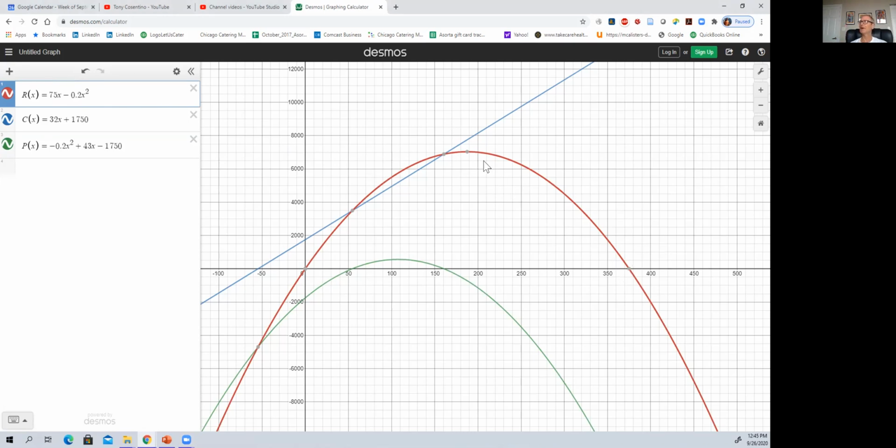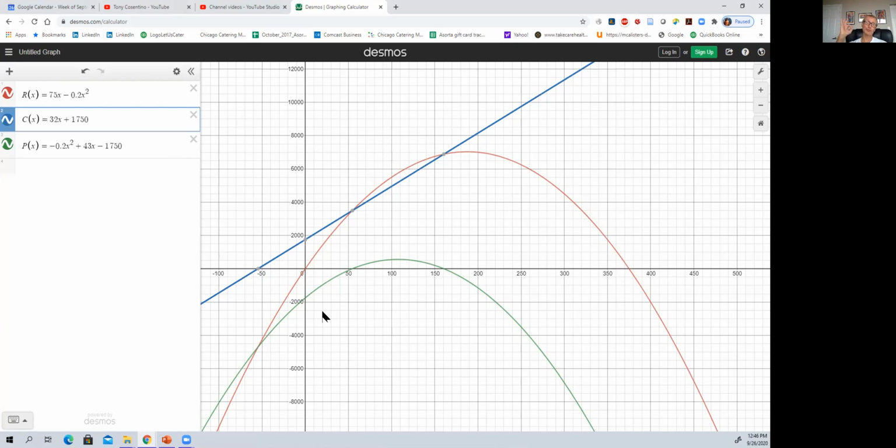It's interesting that this point doesn't correspond exactly to the maximum profit, because again, it's dependent on the cost as well. And you can see here's the cost function, which is the blue line, and you would expect that to be a nice linear equation, and yes, it is. You can see that our y-intercept is 1,750, and that's our fixed cost.